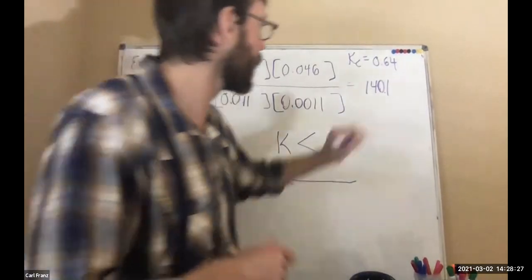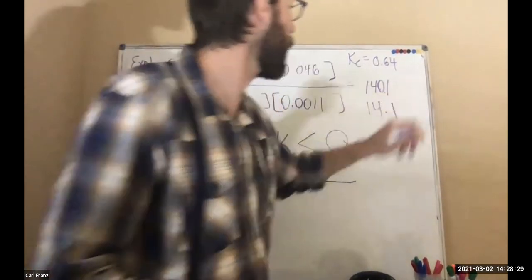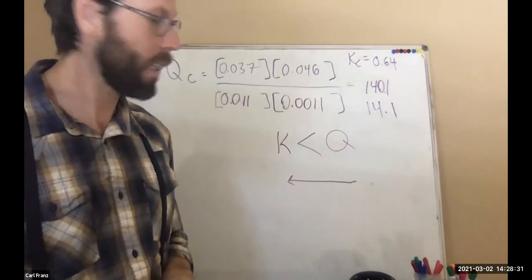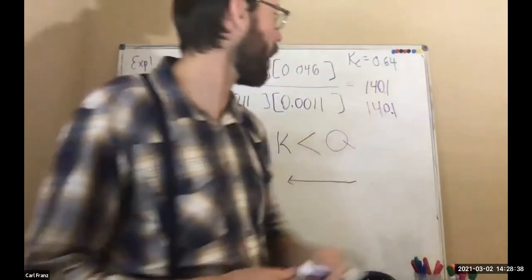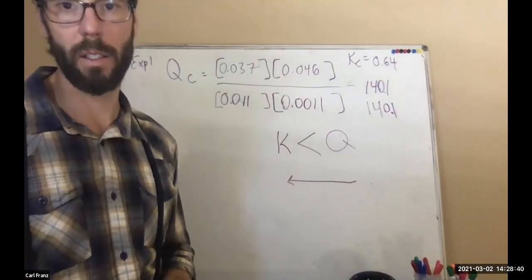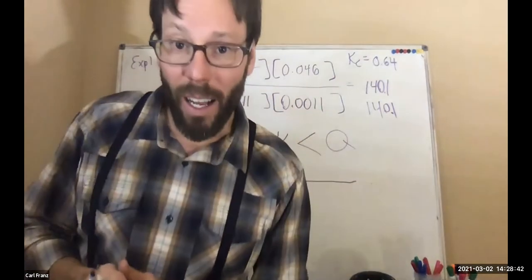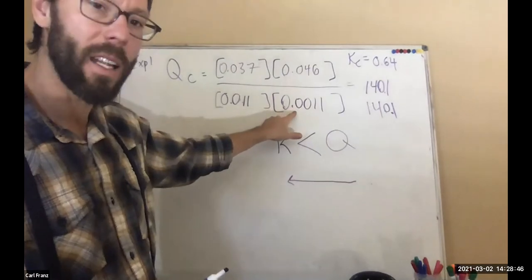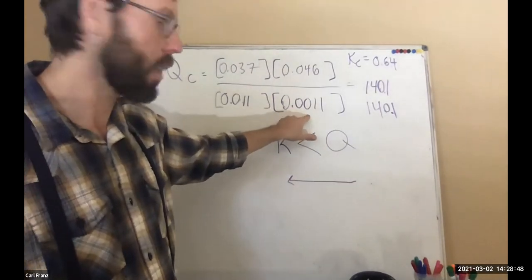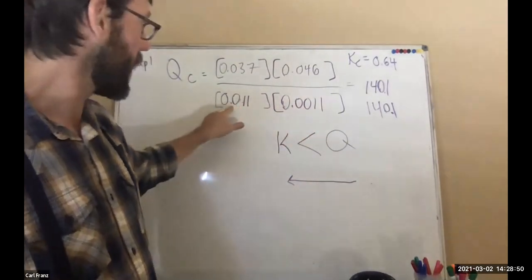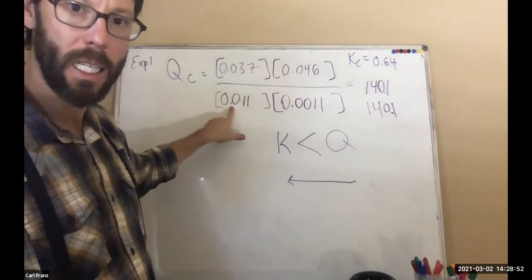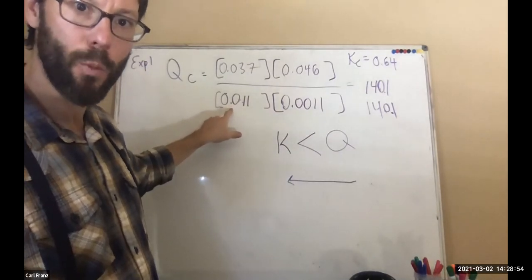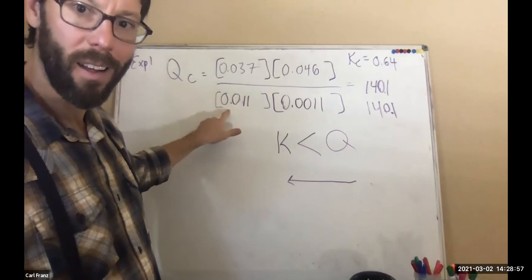Let's do a tiebreaker. 14.1 or 140.1? 140. Okay. Either way. Oh, no, I got a 14. Remember, one is 0.00 and the other one is 0.0. I suspect that's where the problem is.